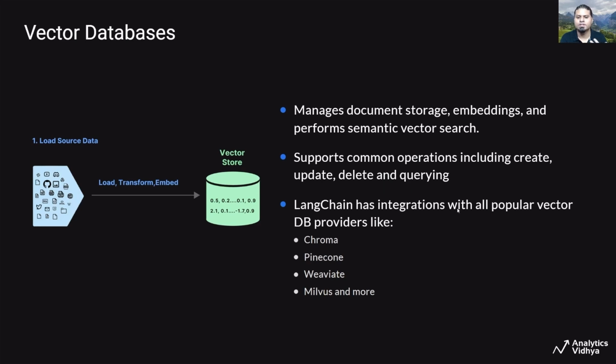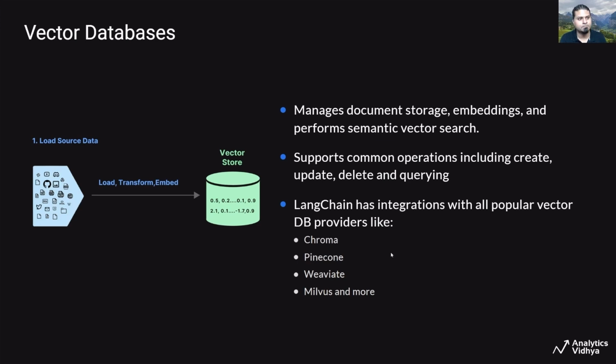And LangChain has integrations with all popular vector database providers like Chroma, Pinecone, Weaviate, Milvus, and many more. So the key functionality of a vector database is to store your document chunks and its corresponding embeddings so that in the future, whenever you're asking questions, it can retrieve the most relevant documents to your given question based on embedding similarity.